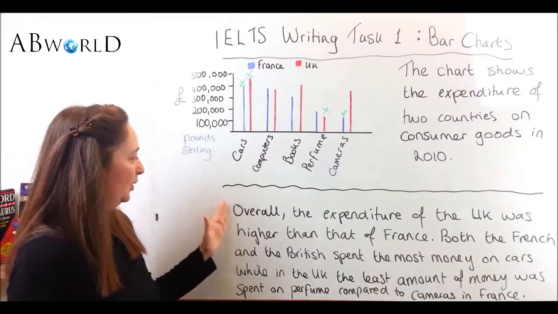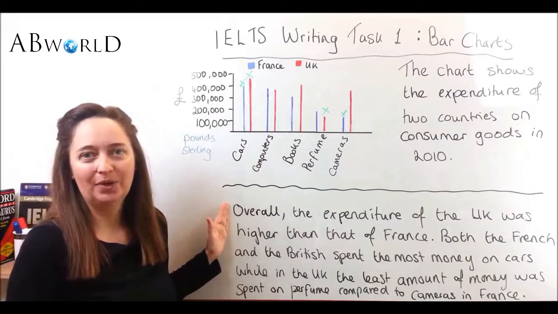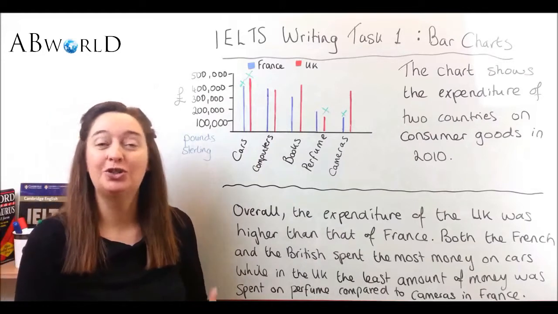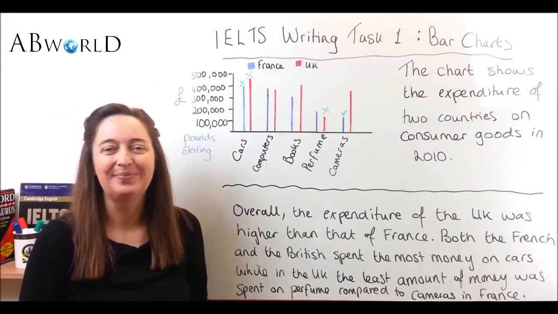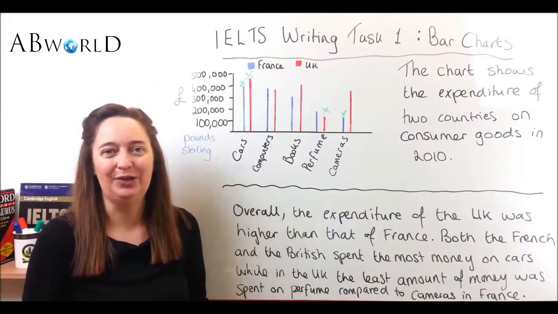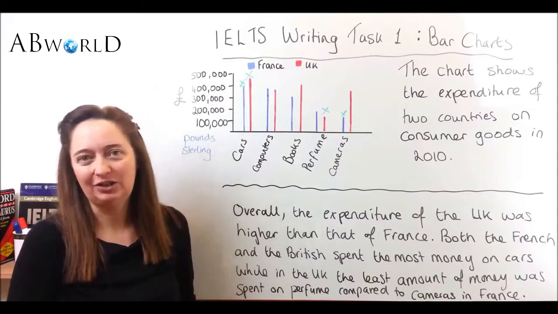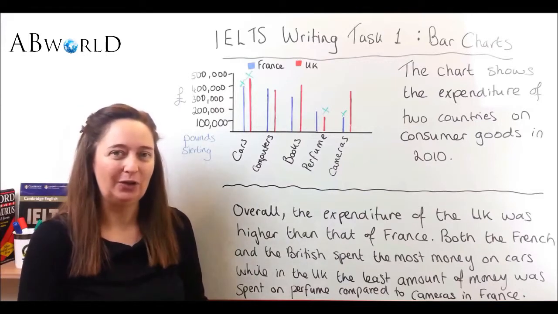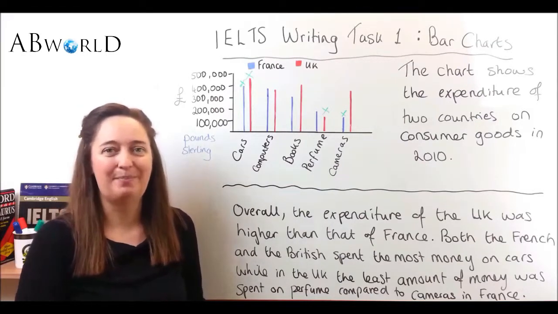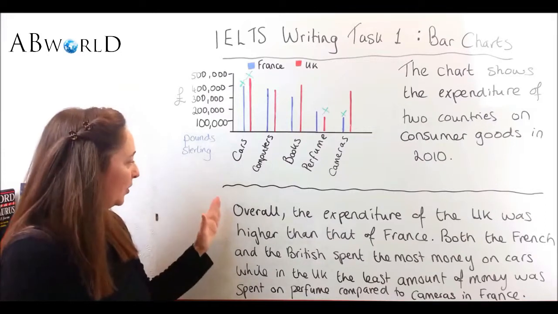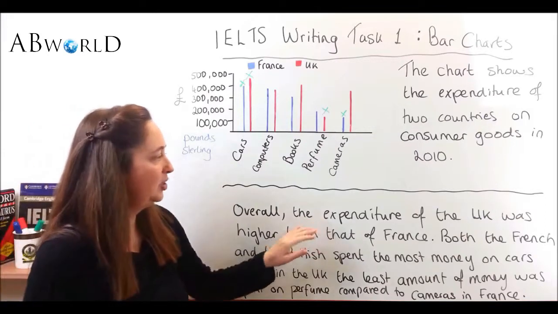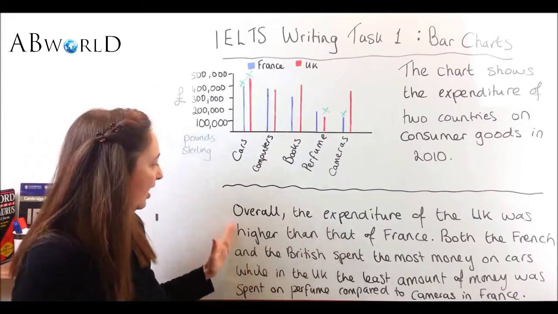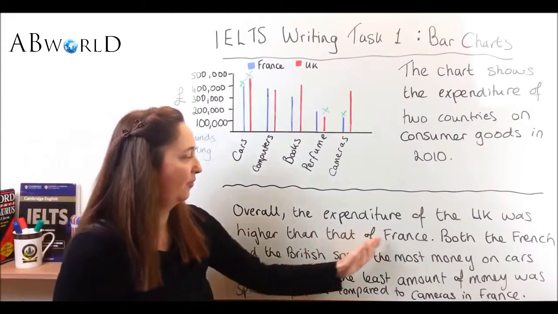We start with the word overall because we want to show the reader, to show the examiner, that this is our overview. This is a good technique to use because it means the examiner can easily find the overview, and that will help us get a better band score. So overall, the expenditure of the UK was higher than that of France.